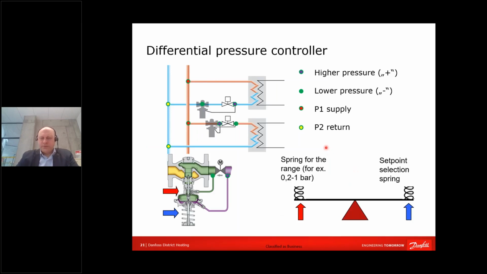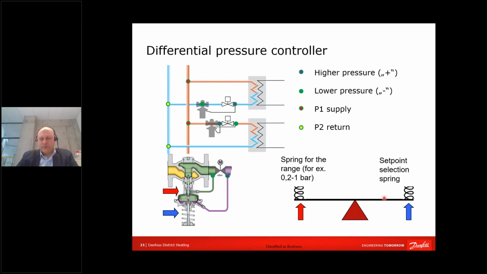Now we can jump to the construction of the differential pressure controller and how it works. Actually, a differential pressure controller is something like a scale where you are measuring two things. One spring inside of the pressure controller is responsible for the range you would like to set, for example, from 0.2 to 1 bar, meaning that you would like to be capable of setting differential pressure from 0.2 to 1.